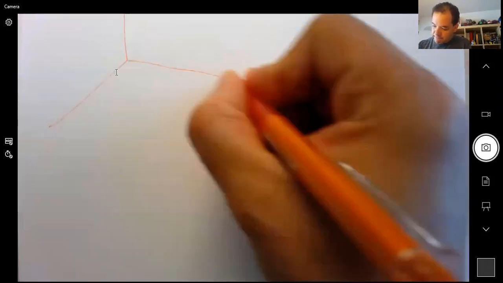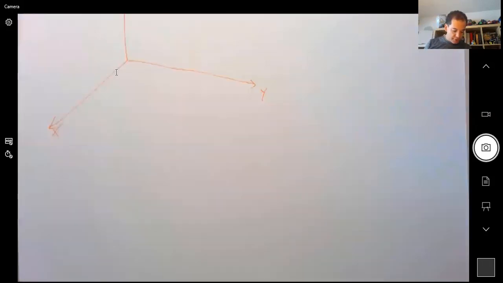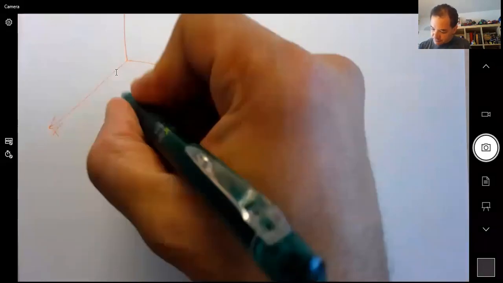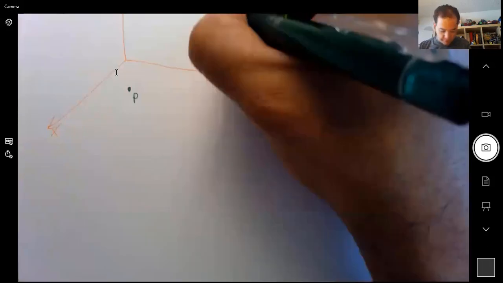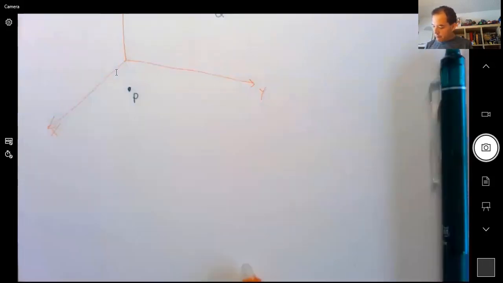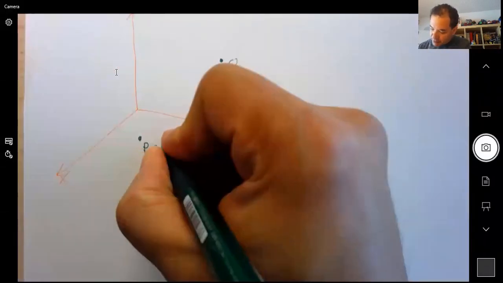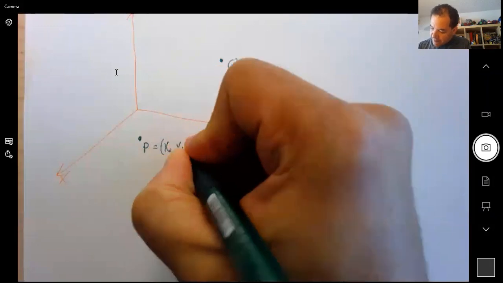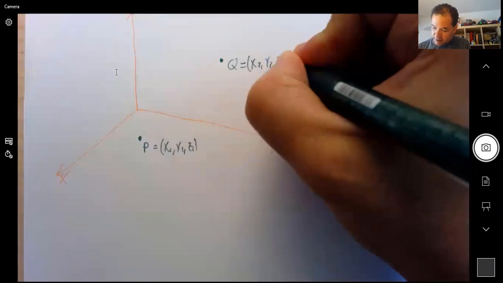Okay. So here's the situation that we want to explore. In 3-dimensional space, for x, y, and z, we have 2 points, the point P and the point Q. Say that the point P has coordinates x1, y1, z1, and the point Q has coordinates x2, y2, z2.